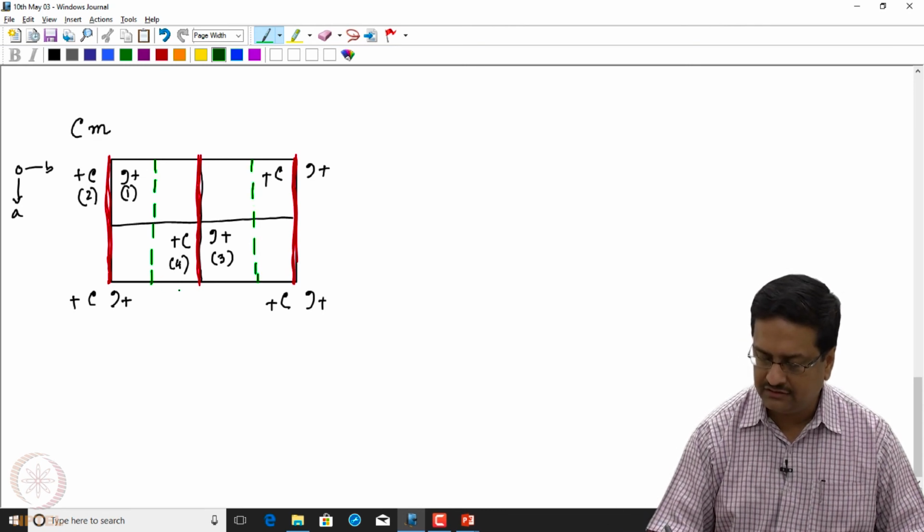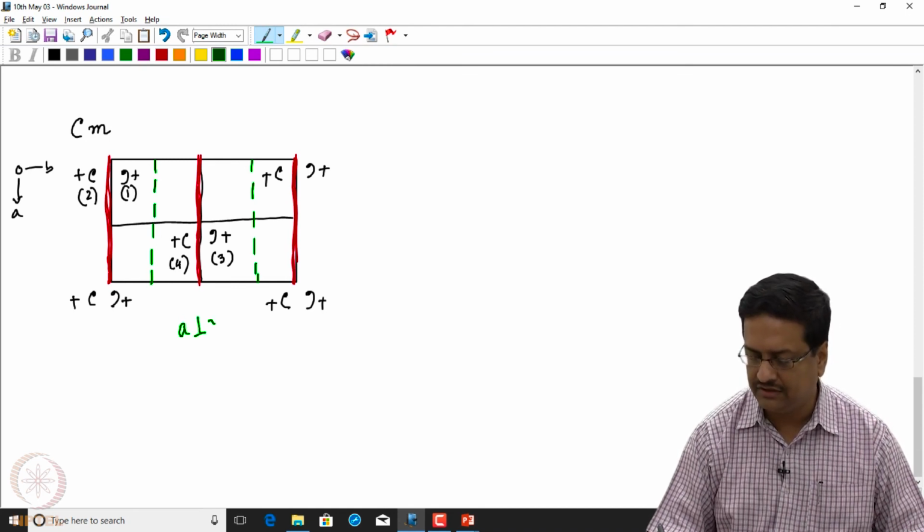We are drawing that as a dashed line, so it is an a glide perpendicular to B or perpendicular to y.